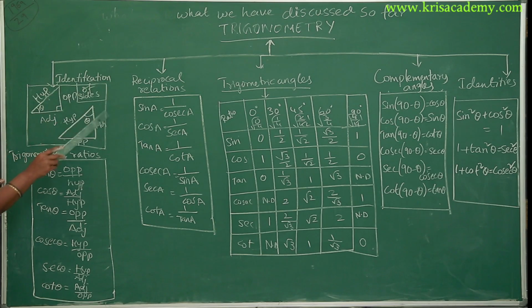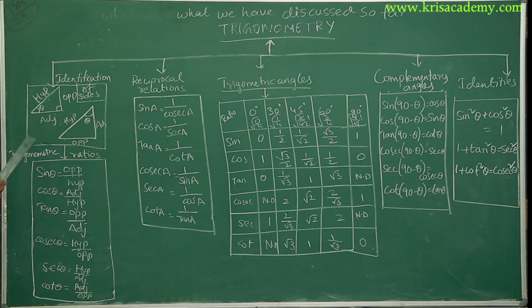So in this topic we have identified the sides. If theta is here, what is opposite? This one. What is adjacent? This. Hypotenuse is nothing but the slant height. Same thing: theta opposite is the opposite side, theta adjacent is the adjacent side, slant height is nothing but the hypotenuse. So the first introduction part of trigonometry starts with identification of sides.